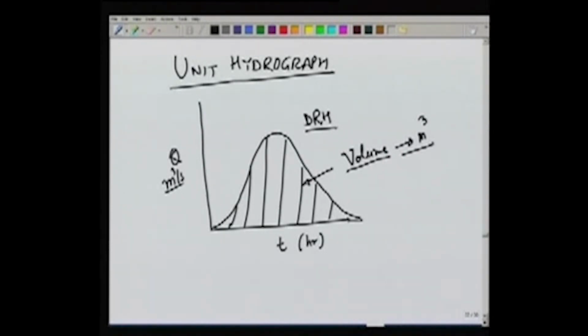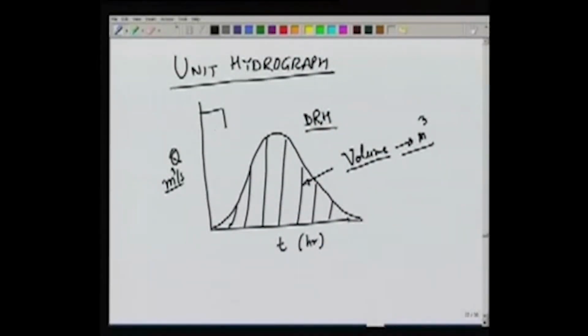So what does this volume indicate? This DRH is because of some ERH, which has intensity I and duration D. And what we have said earlier is that this rainfall, thus ERH, is occurring uniformly over the entire catchment area.